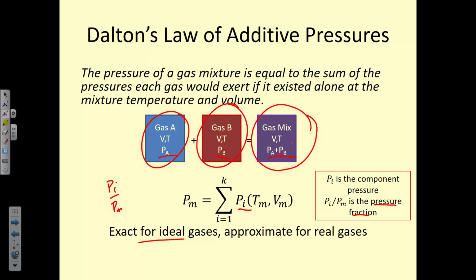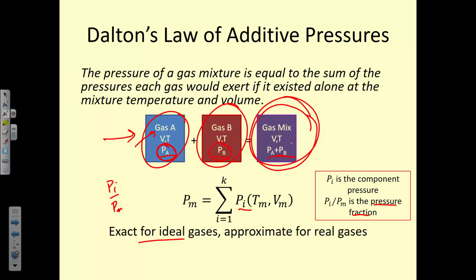So what it's saying is that it's not necessarily that this gas is coming in at pressure A and that one at pressure B. If we look at this gas mixture that has some final volume and temperature, and presume that gas A is existing at that volume and temperature, and gas B is also existing at that volume and temperature, even though they may come in at different values, then we can say the pressure that gas A would exert at that volume and temperature, and the pressure that gas B would exert at that volume and temperature, we add those together.